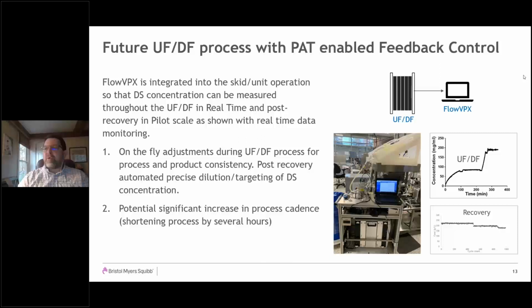The key to it, of course, is that you need either a separate VPX instrument, or something I thought of: you could take the VPX that's being used in the UFDF at the end of UFDF with a single-use flow cell, disconnect it, and then connect it to the loop on the recovery vessel with a separate flow cell.